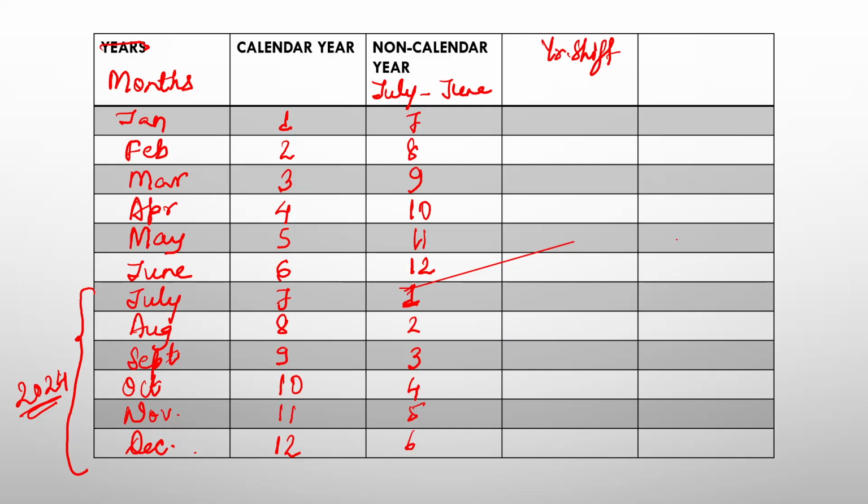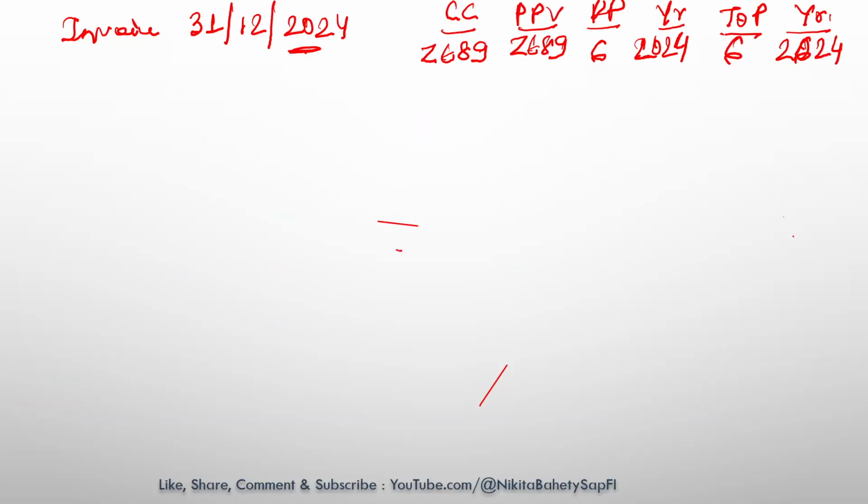December falls in the sixth period. Then SAP will check whether it has the permission to post this invoice, so it will go and check the posting period variant settings. Here the sixth period is open. Now SAP gets a signal that yes, it can post the invoice with this date.